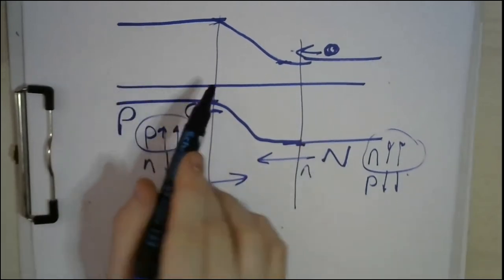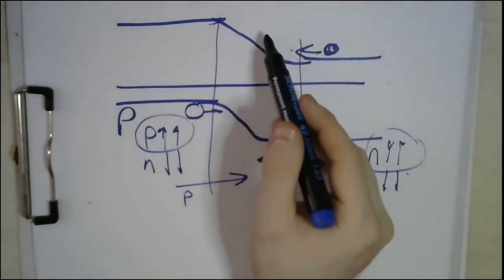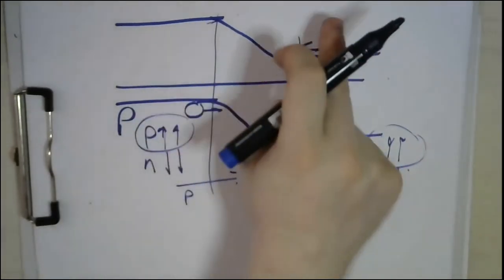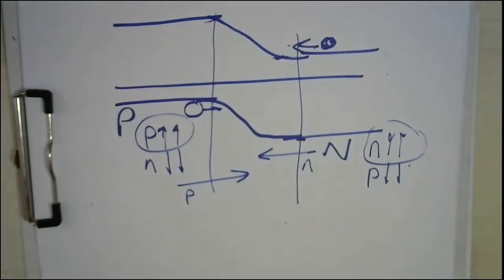It needs energy, and this needs energy. So the built-in potential is considered a barrier from the majority carrier point of view.